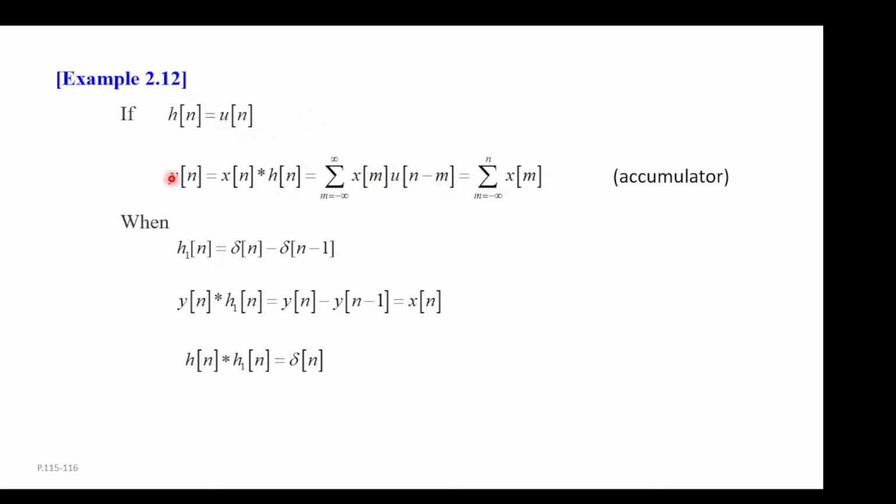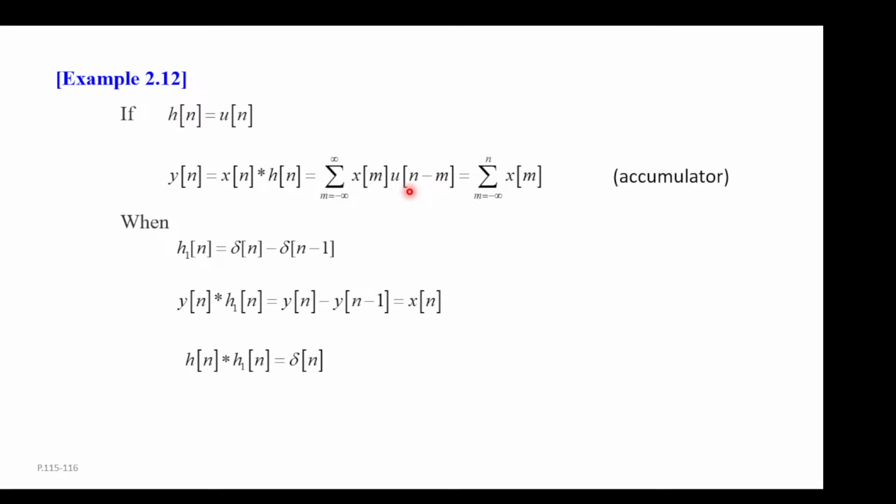If we write this convolution out, we find out that y of n equals x of n convolved with u of n, equal to the summation, where we actually use m instead of k for some reason. So summation over m from negative infinity to infinity, x of m u of n minus m. And u of n minus m is greater than 0 only when m is less than n.